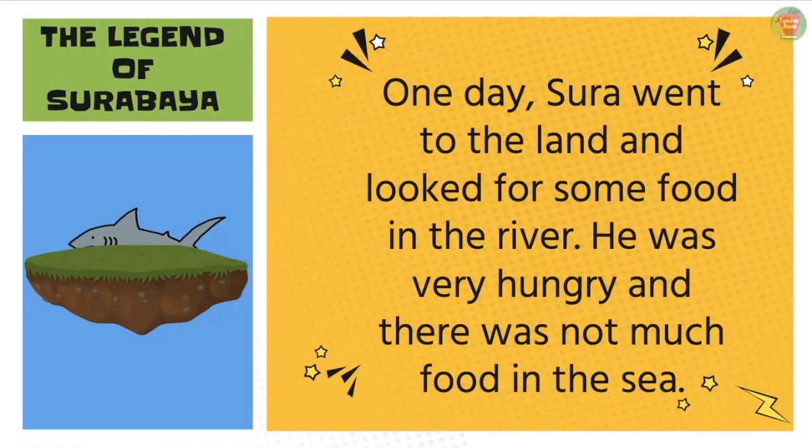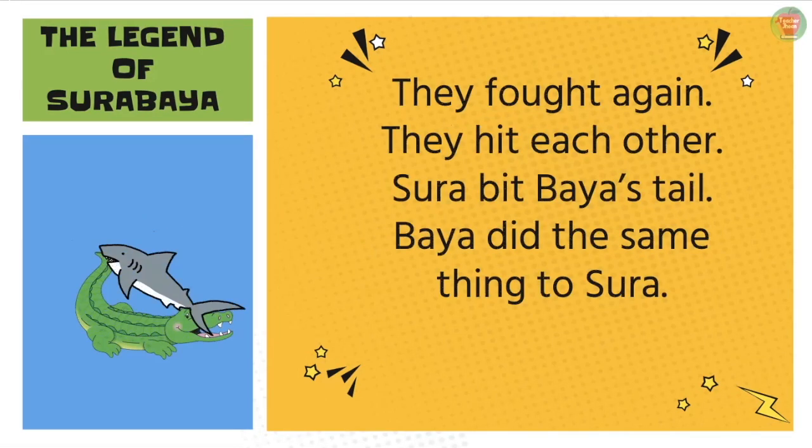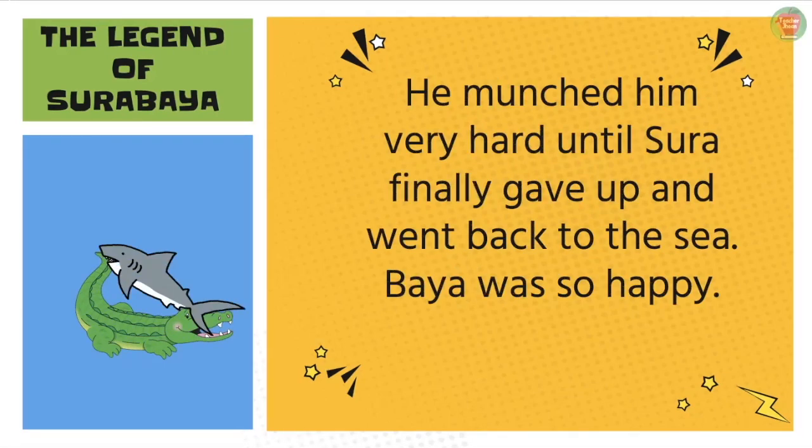He was very hungry and there was not much food in the sea. Baya was very furious when he knew that Sura broke the agreement. They fought again. They hit each other. Sura bit Baya's tail. Baya did the same thing to Sura. He munched him very hard until Sura finally gave up and went back to the sea.